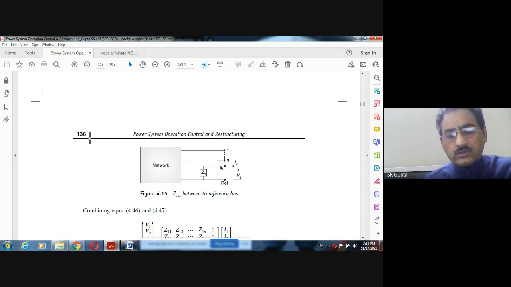We assume the current entering bus number 1 is I1, the current entering bus number 2 is I2, the current entering bus number n is IN, and the impedance of this network is like this. Now this is added, and the equation of this new bus is VQ equal to ZS times IQ.